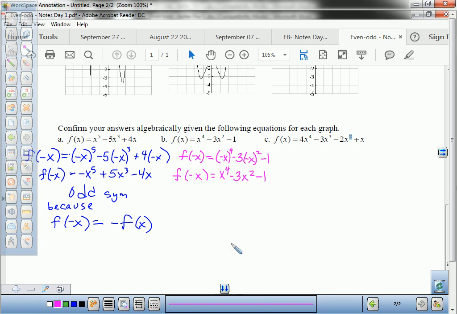How do they compare? They're all the same. So how would I describe that in terms of the symmetry of the function? We would say this function has even symmetry. And the reason why would be because when we plugged in the opposite of x, we got out the original. All right, you try C.